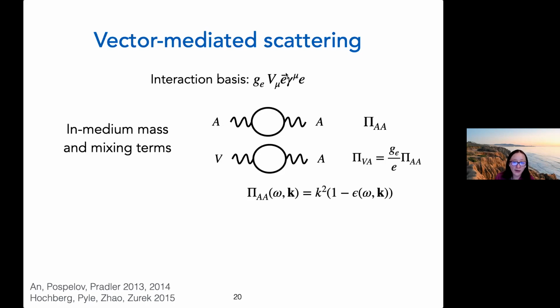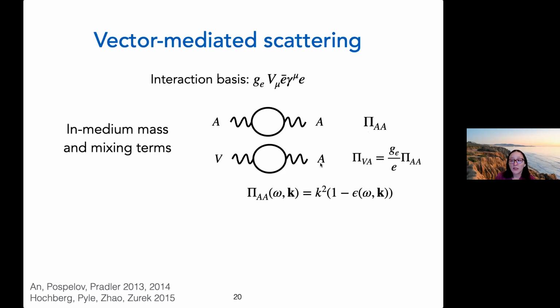But in a medium, this gets modified, and this was recognized in early work. What happens is that in a medium, the standard model photon will be polarized. That's basically described by the dielectric function itself. So you get this in-medium polarization of the photon, which is related to the dielectric function. Similarly, you can get a mixing between this mediator and the photon.